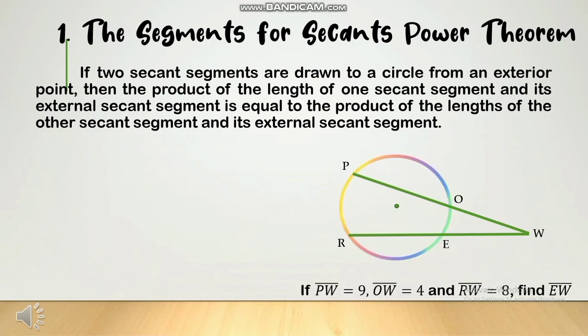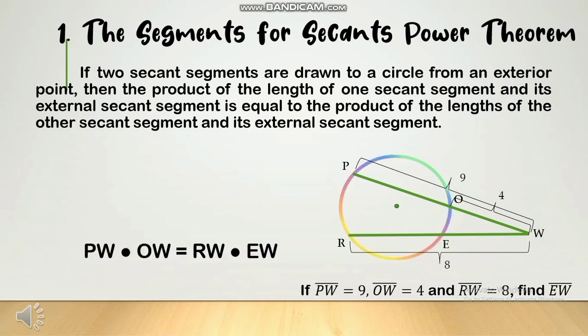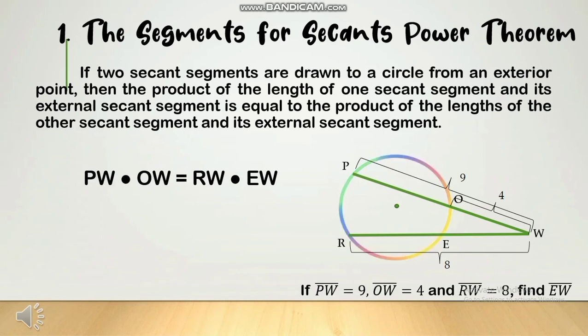If the measure of segment PW is 9, OW equals 4, and RW equals 8, what will be the measure of EW? So PW times OW equals RW times EW. It is just like ratio and proportion.